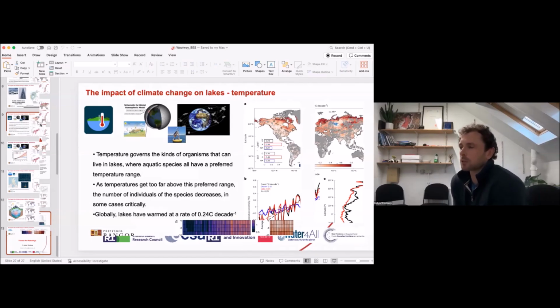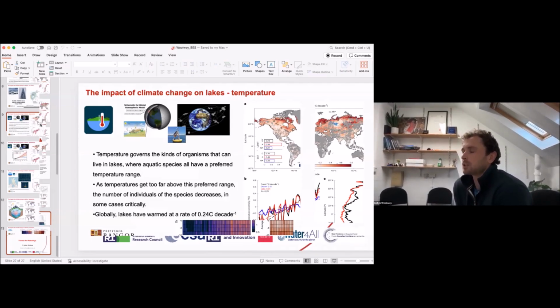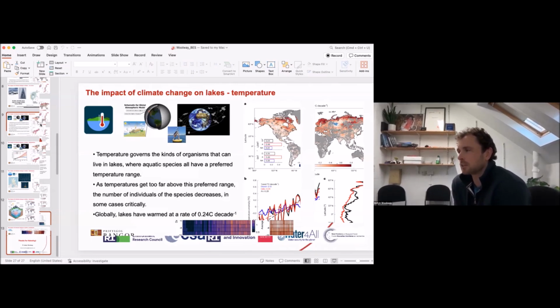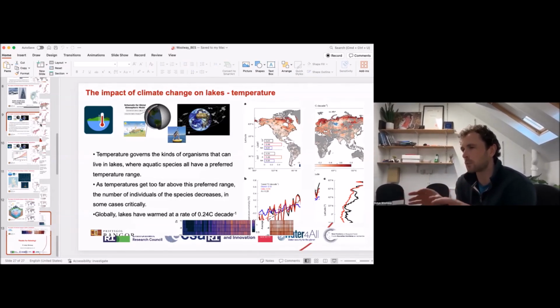And then we looked at using process-based models. But one of the limitations of process-based models is that they need to be calibrated and also validated. So what we did here was we used this process-based model, which was called FLake. And then we calibrated it against the satellite data. So we run the model using meteorological data. And then within the model setup, you have some unknowns.